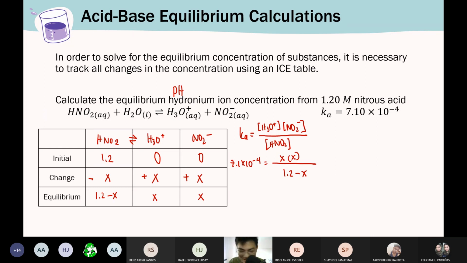Algebra. So I have to transpose this 1.2 minus X on the other side. Rewrite ko na lang, kasi kapag transpose ko, hindi na kasya. I-flip ko na lang yung equation. So I have x squared here, and then 7.1 times 10 negative 4 times 1.2 minus x.